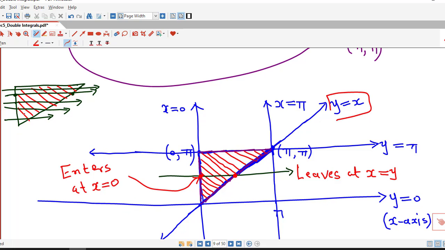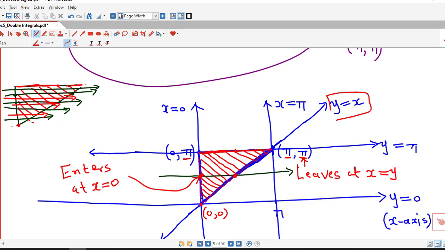Now to cover the remaining region, we will consider horizontal lines starting from this point, that is the lowermost point. At this point value of x is 0, and we will be drawing horizontal lines up to this part of the region. All these points are on the line y equal to pi, so value of y is pi there.